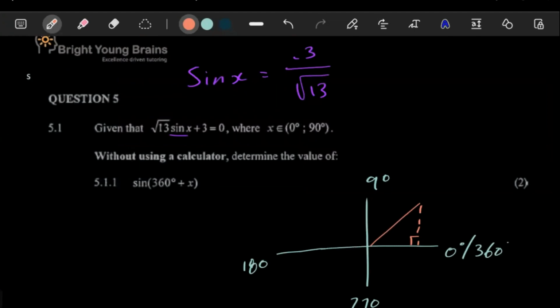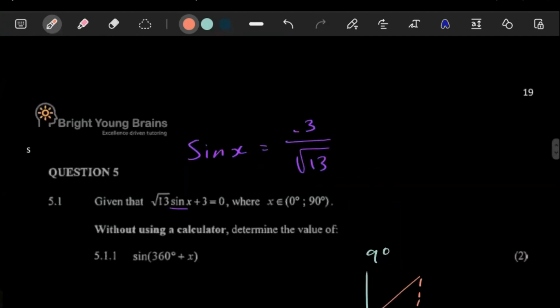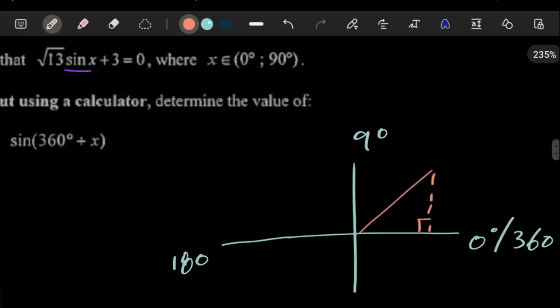It's going to be a bit awkward trying to figure out a question like this one. This is like a negative 3, so this is like saying opposite over hypotenuse. The opposite here is a positive value, and the hypotenuse is also a positive value.